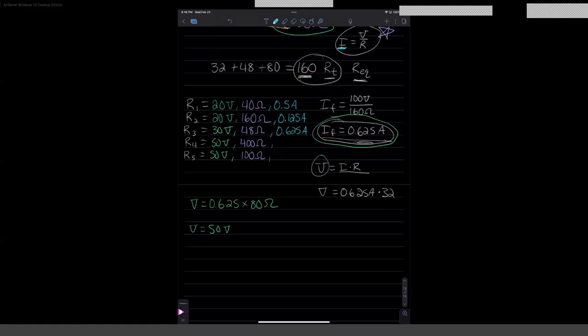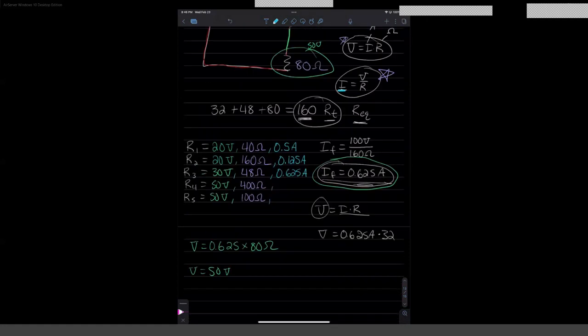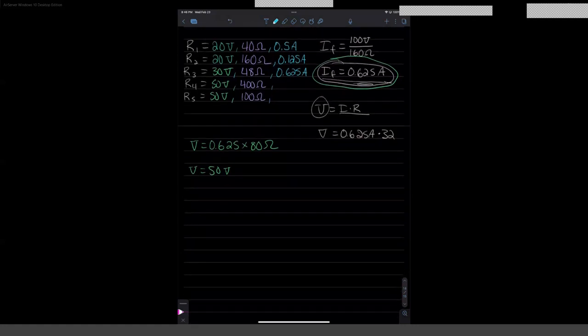We're trying to solve for current, so we're going to use I equals V divided by R. We take our 50 volts over our 400 ohms. 50 divided by 400, I get 0.125 amps. And for the next one, it's 50 over 100, so I think that's 0.5. Pretty sure. I think that lines up with what I had on my sheet. So that would be our answers.